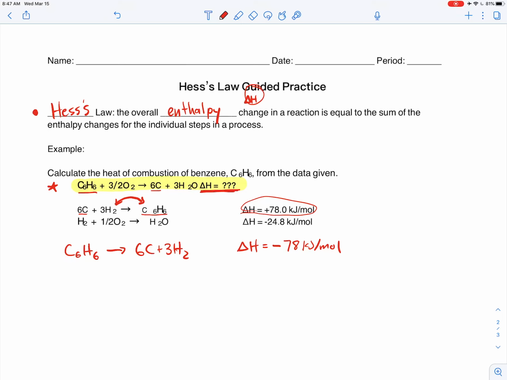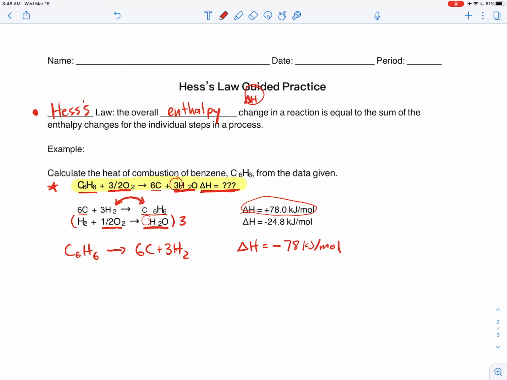Okay, so next we look at the next equation, and we see that water is present here, right, and water is present here. However, we're trying to get to 3 waters here, and here we only have 1. We also have 3½ O2s, and we only have 1/2 O2 here. So what I can do is I can multiply this whole thing by 3.